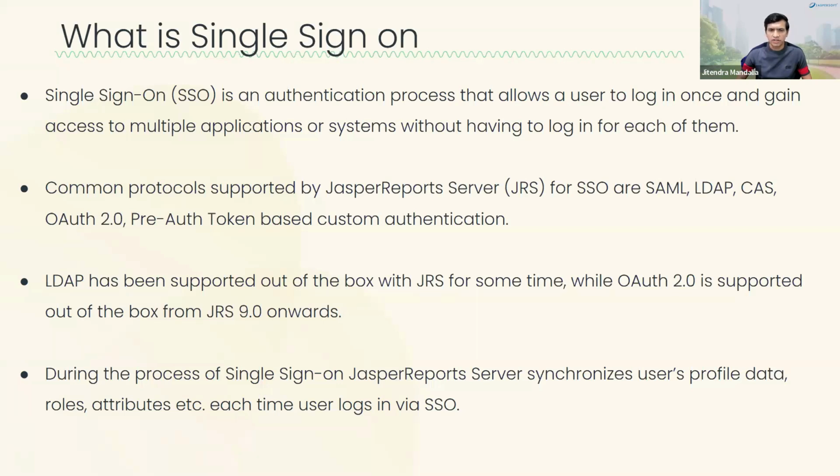And the main advantage of that is all the roles and all the access information related to users are up to date in JasperReports Server. So when user logs in, user has the access rights to resources within JasperReports Server as per their latest roles or any changes to their profile data.